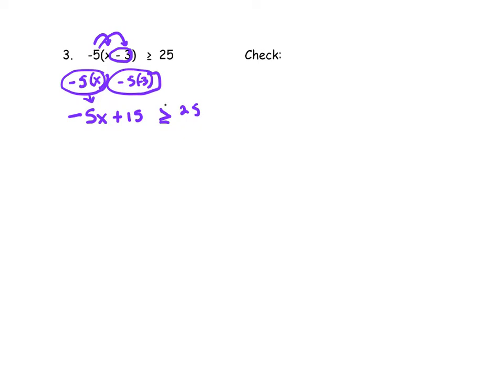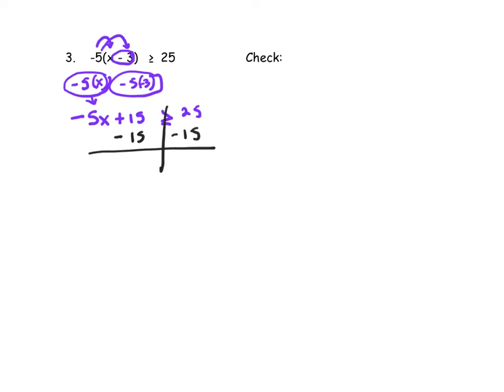So now I'm ready to solve. I'm going to start by undoing the constant. I'm going to subtract 15 on both sides. By subtracting or adding, that doesn't have any effect on the inequality sign. So I have left -5x on this side is greater than or equal to 10.